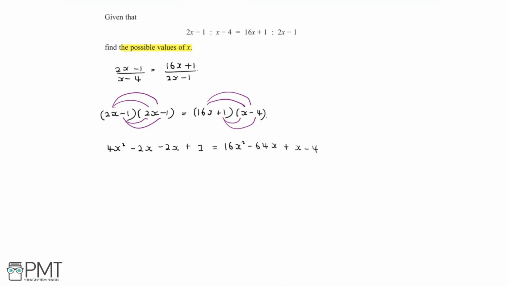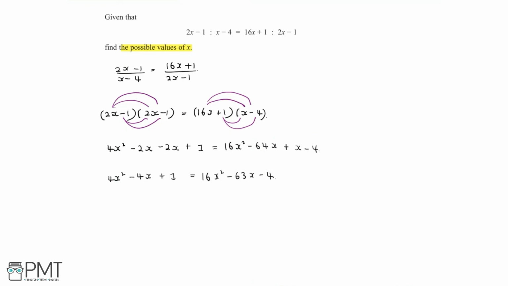Now let's simplify both sides. 4x squared minus 2x minus 2x plus 1 can be written as 4x squared minus 4x plus 1. 16x squared minus 64x plus x minus 4 can also be written as 16x squared minus 63x minus 4.